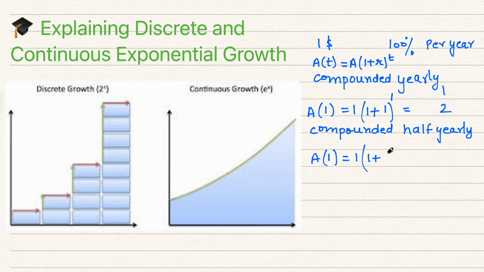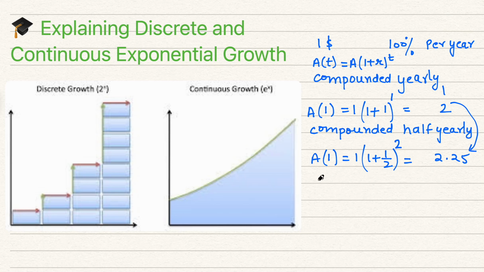So it is 50%. That means 1 by 2, and you are going to get interest 2 times in a year. So that is why it is raised to 2. And if you calculate it, this is $2.25. So more than this.